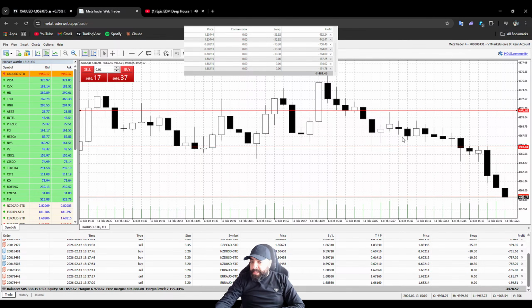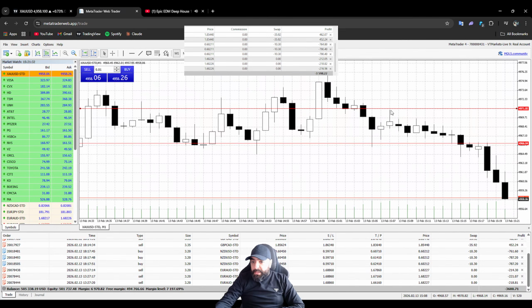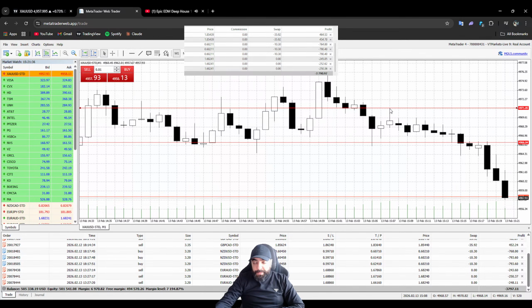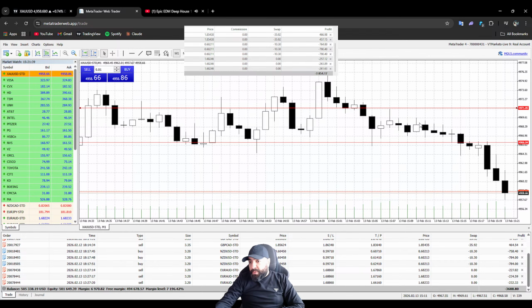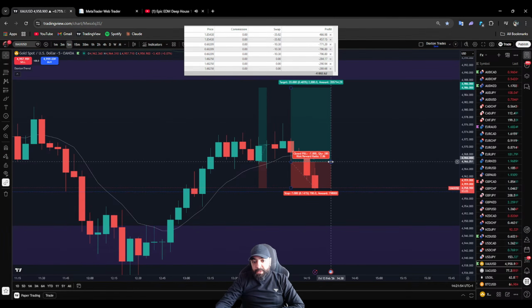Here I see that the price missed my TP1 by a hairpin. Then I see that the candles are printing, are going down. Almost every single 1 minute candle is bearish. That's why I've exited the trade. So it was a nice call.